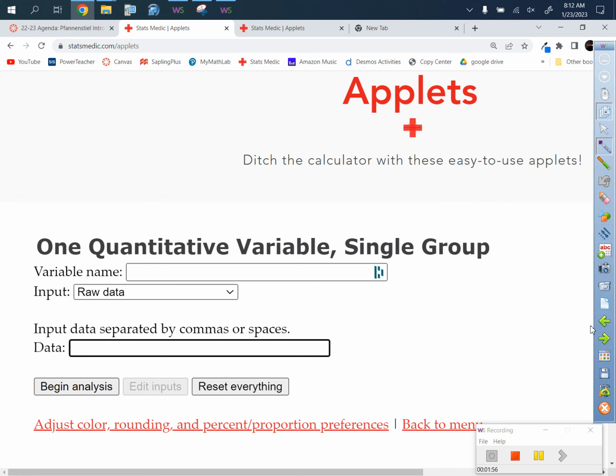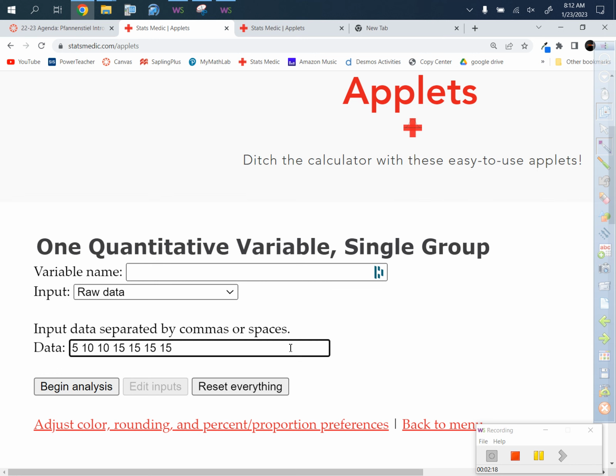Let me get back to where we were. So you're right here, input the data separated by commas or spaces. So either put a space or not. Like the first one is 5, then the second one is 10. Then there is another 10, and then a 15, like 4 different times there's a 15. So this is the hard part of just entering the data. I got too many 15s.